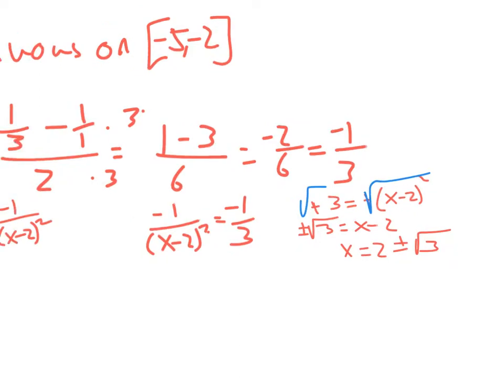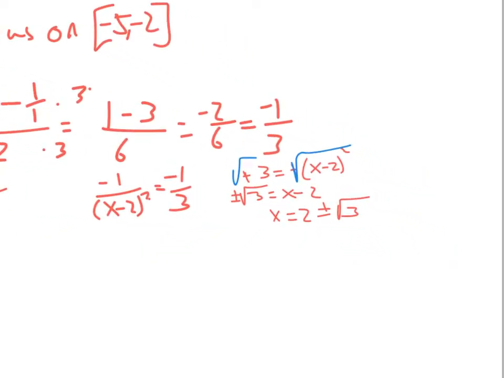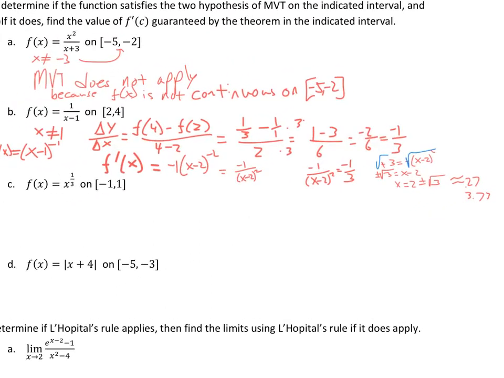All right, so there's our answers. What is that? That's approximately 0.27 and 3.73. Actually, let's put a couple decimals of accuracy. Okay, and looking back, which one of those are on this interval? Well, from 2 to 4, only the second one is.